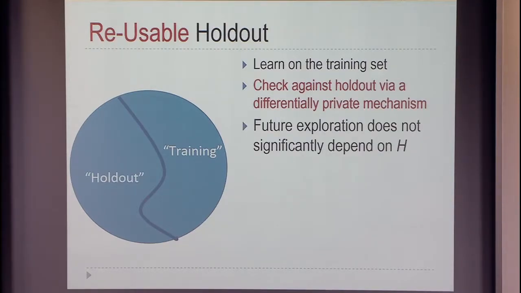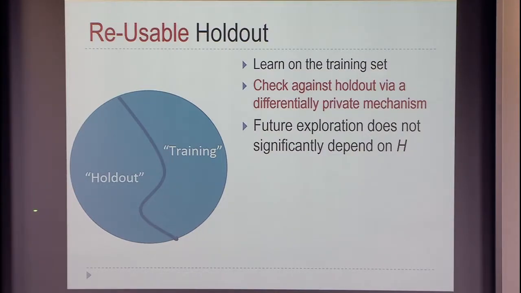And the key point here is that differential privacy ensures that your future exploration is protected. Maybe the holdout set says, yes, you have a valid conclusion. Maybe it says, no, your conclusion is nuts. Either way, if you went back to the holdout without having used differentially private access, then when you go back to your training set, your questions have been contaminated by the holdout set, and they won't be independent of the holdout set.